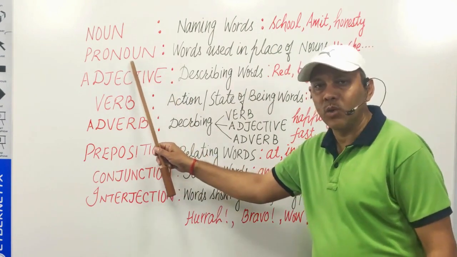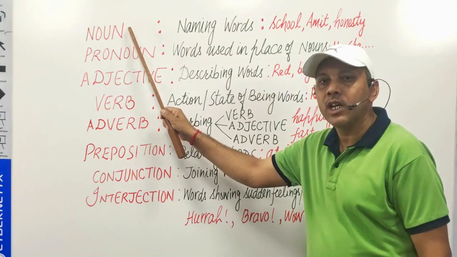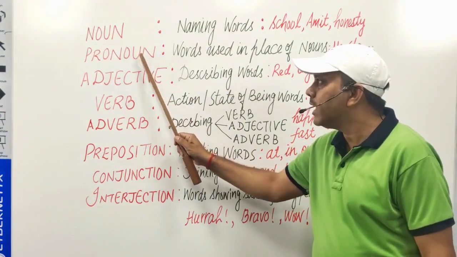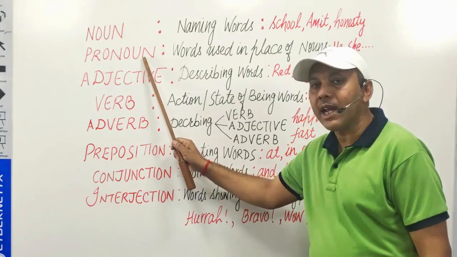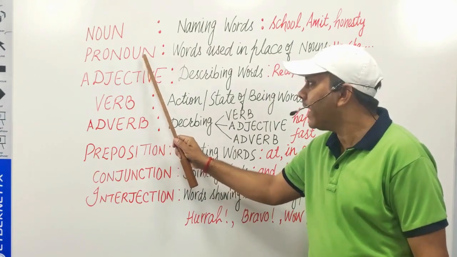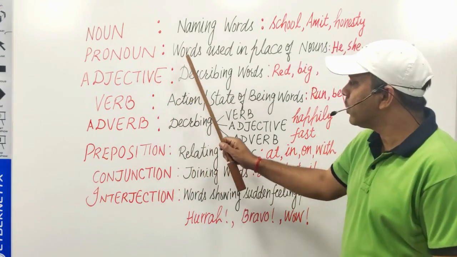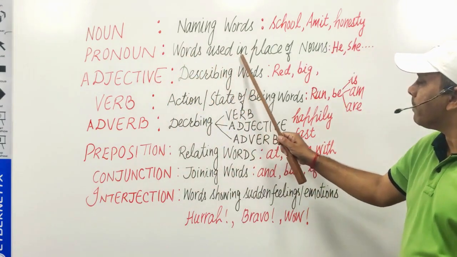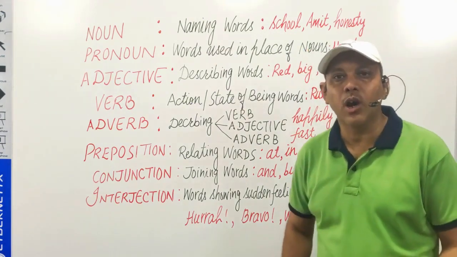Next is pronoun. Pronouns are the words which are used in place of nouns to avoid the repetition of nouns. It brings variety to the language and it makes our sentence beautiful. For example, there are 3 persons of pronouns.